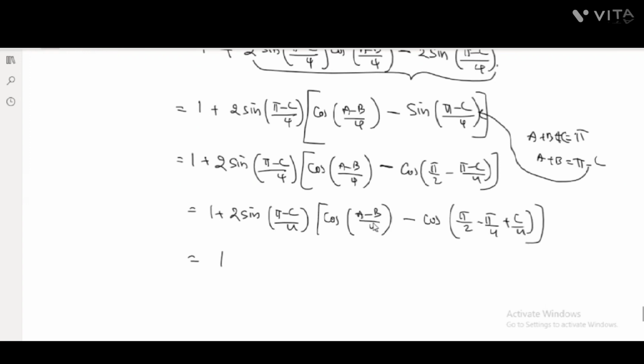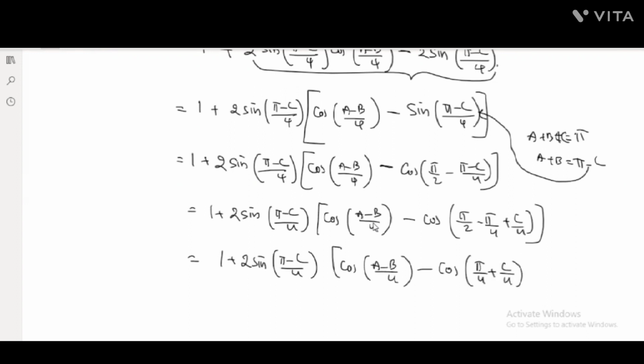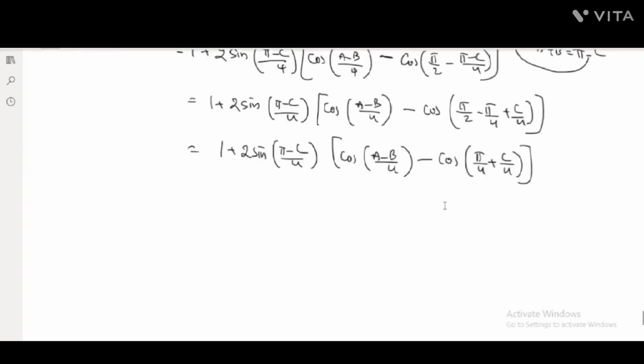So that is equal to 1 plus 2 sine pi minus c by 4 into cos of a minus b by 4 minus cos of pi by 4 plus c by 4. So this is nothing but cos a minus b plus cos a plus b, like this we will get actually.